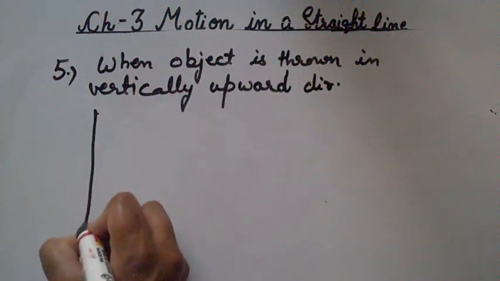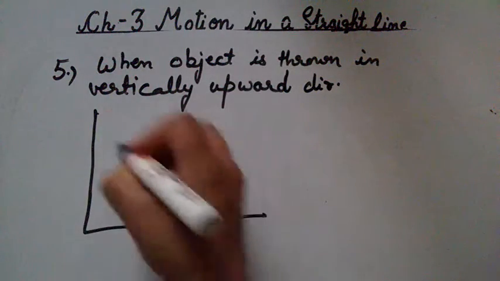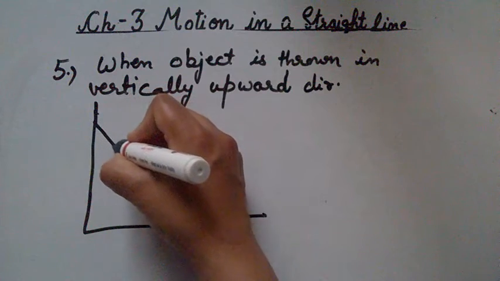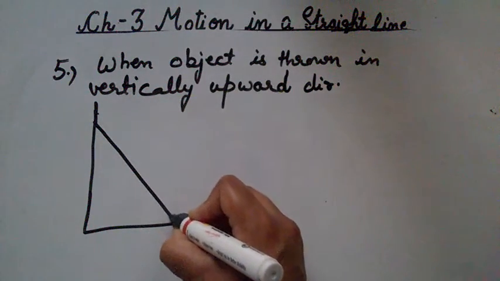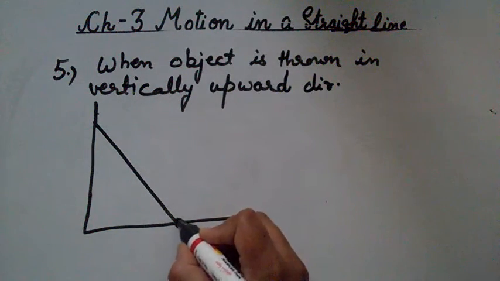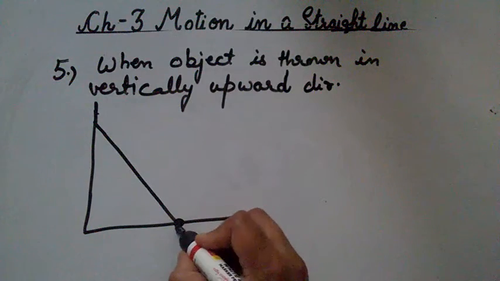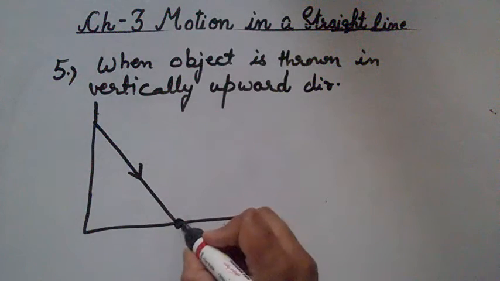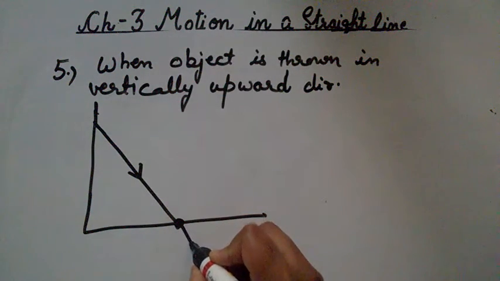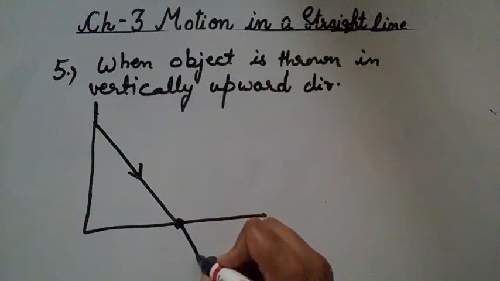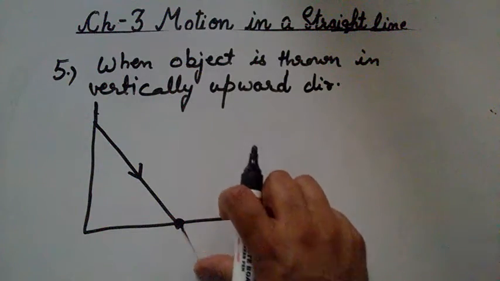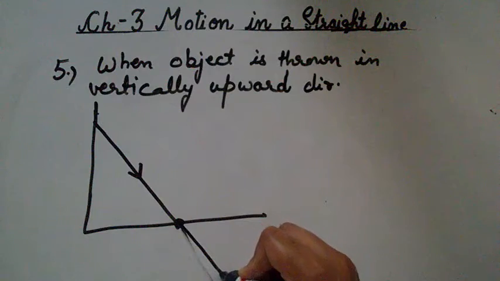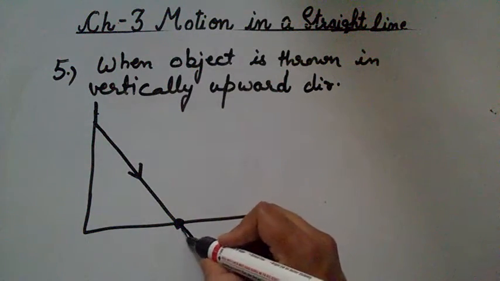Thus, when we will plot VT curve, retardation, and the object will reach at the highest point, and after reaching at the highest point, its direction will get reverse and acceleration occurs as the body is falling towards ground.